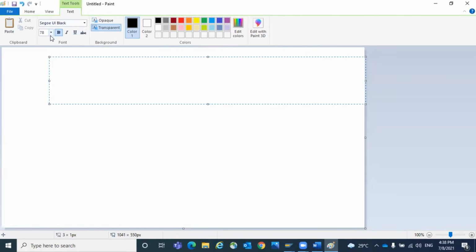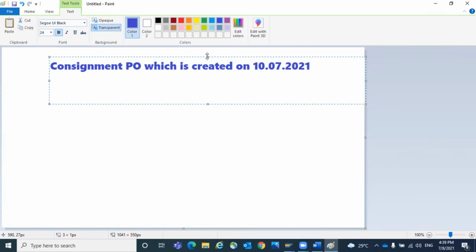There is a consignment PO, which is created on 10th July 2021.